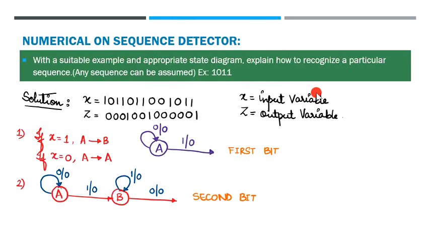and a single output variable which I will represent as z, and z will be equal to 1 if the correct sequence is detected.